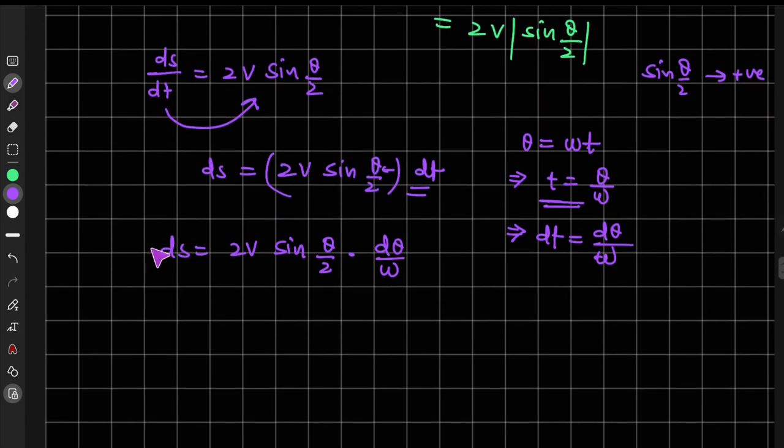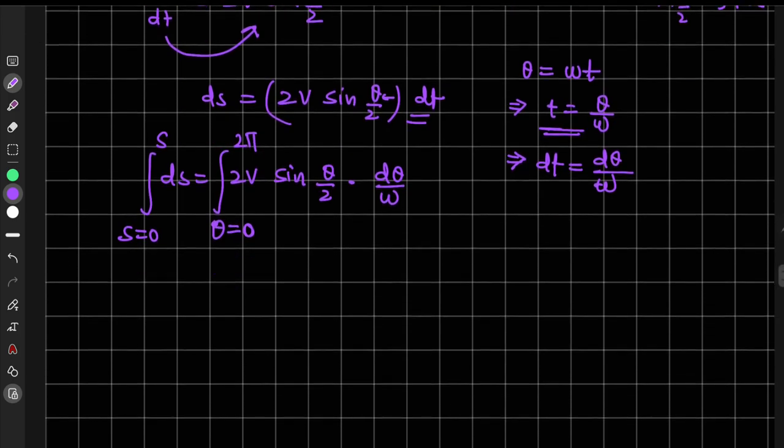Let us integrate both sides from s is equal to 0 to s and theta is equal to 0 to 2 pi. So from here we got 2v into 2 by omega into the integration of sin theta by 2, which is minus cos of theta by 2, from theta is equal to 0 to 2 pi.